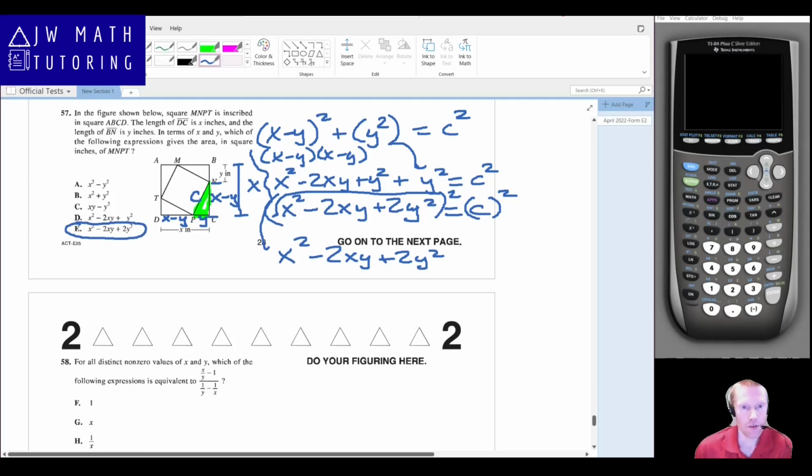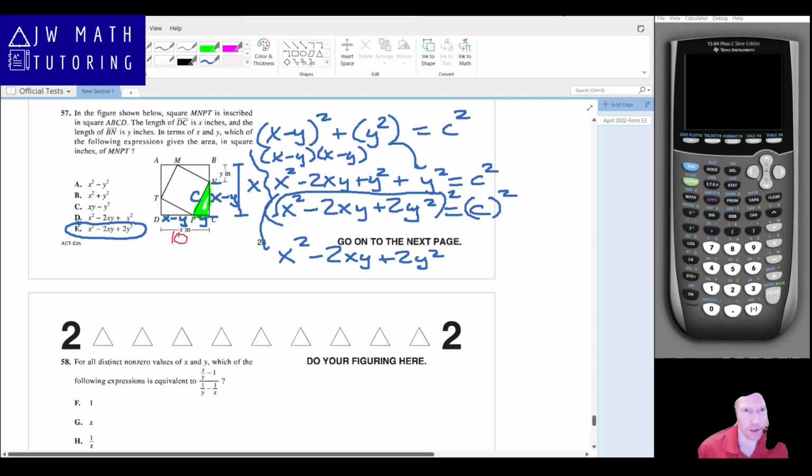Now, an alternate way you could do this would be to use picking numbers. This would basically involve going through the same process, but instead of doing all these variables, you're going to have numbers to work with. So here's what I mean, and we'll do this out in red. Let's say the side of this square is 10.